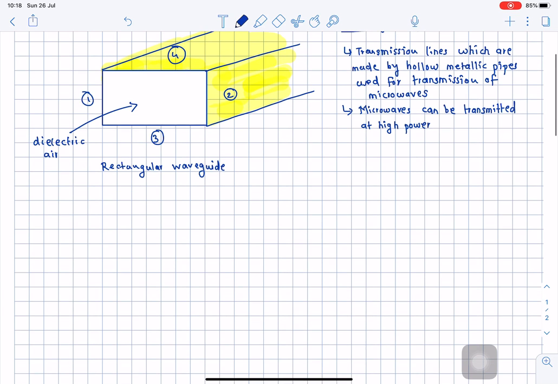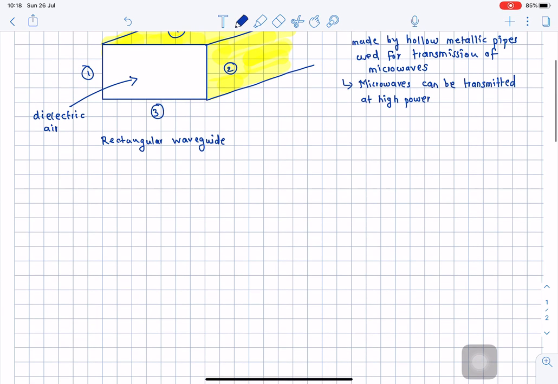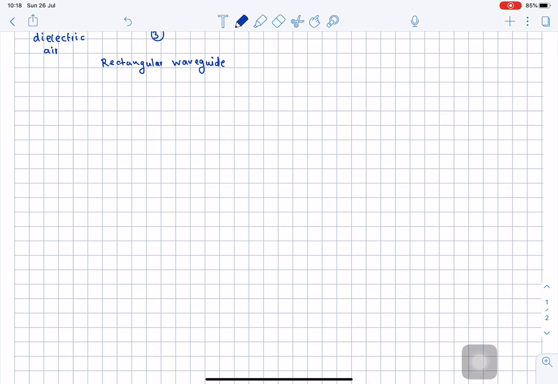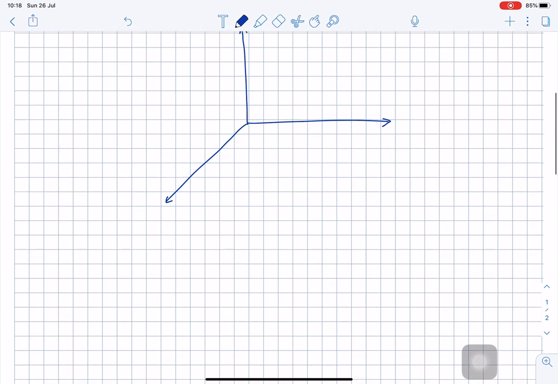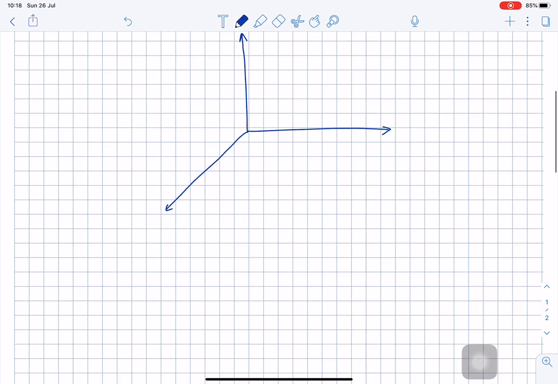Next, let us discuss the mechanism of wave propagation. For that, I will draw a vector diagram over here with 3 axes. This explanation that I am giving is related to our derivation, which is the next part that we are going to see.